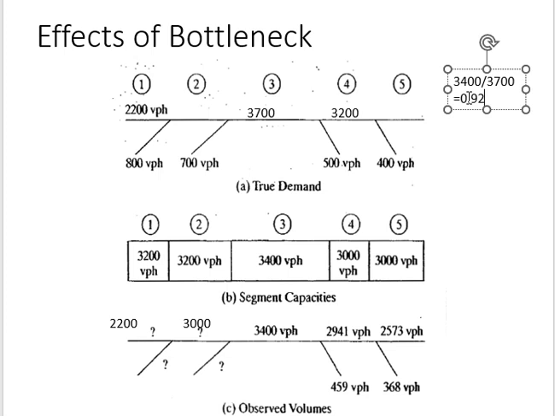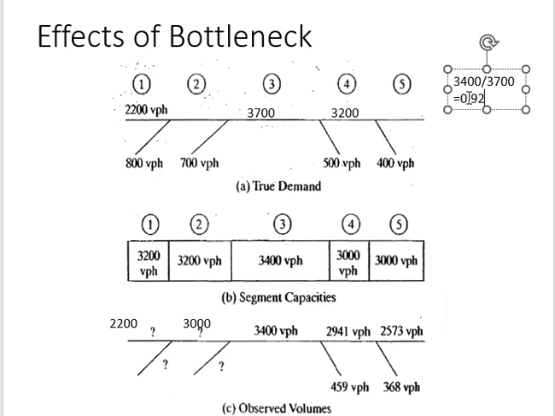So 459 is what? 92% of 500. Why 92%? Because from segment 3 onwards, I am allowing 92% of actual demand. Clear? Any question? Because I want to calculate what percentage of actual demand I am allowing forward from segment 3 after the breakdown, yes.